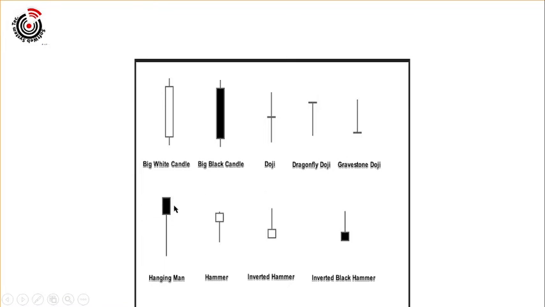But why I said here that buyers have not been able to win the market is because the characteristic of a selling candle is that it opens at the very top, then sells down to this low, then buyers came in and pushed. When they pushed, they were not able to push above the open. Assuming they pushed above the open, then they would have won. But because they could not push above the open, this candle still represents sellers.